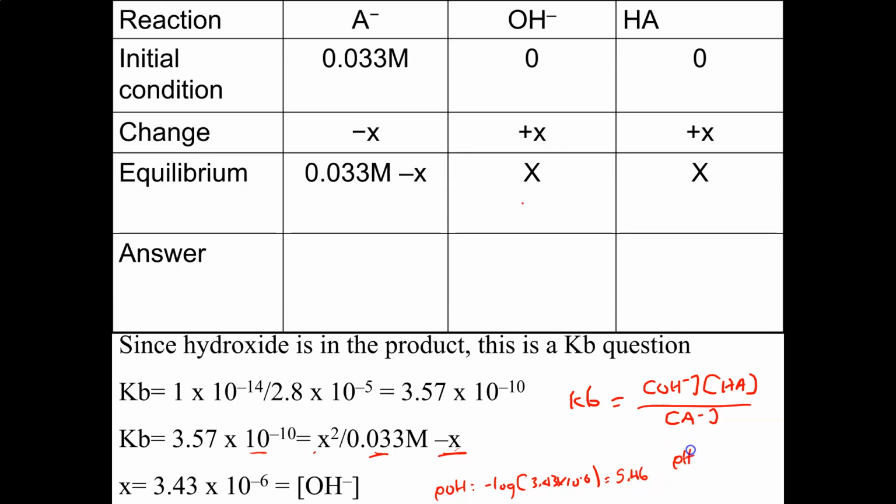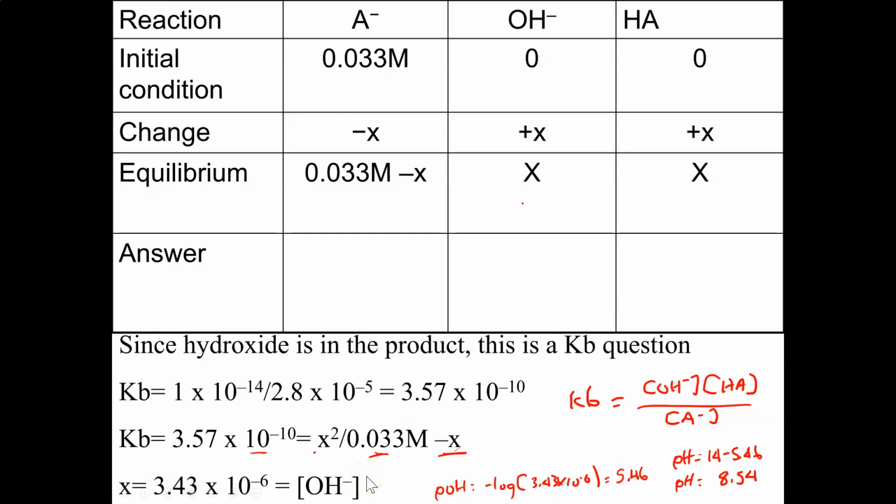So your pH is equal to 14 minus 5.46. So my ultimate pH for this, if they're asking for that, would be 8.54. They only ask for hydroxide. You don't have to go that far, but just in case you had to, that's how you would do it.